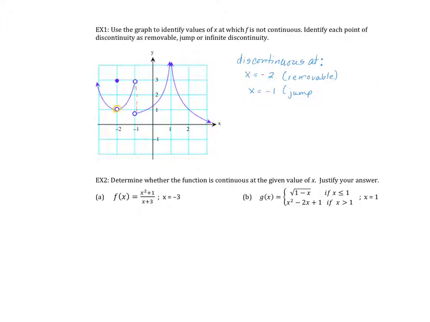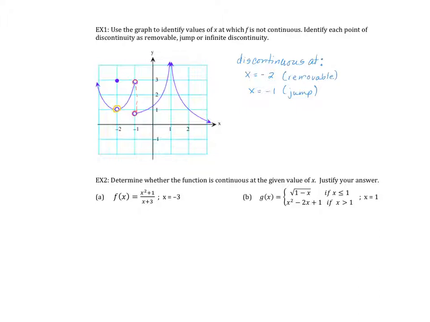We should also note that we have 2 open circles here. So even if I were to bring these 2 pieces of the graph together, it still would be an open circle. So technically this is also removable, but it's mainly jump, so I'll leave jump discontinuity there.